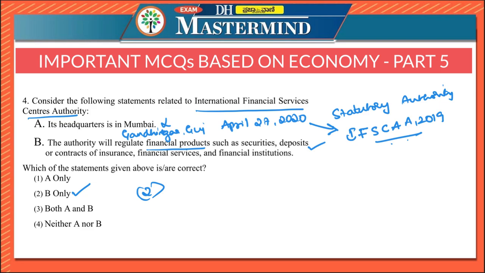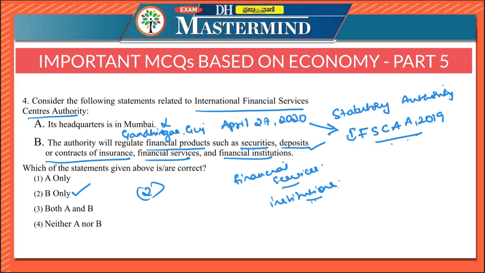So, its main aim is to develop, promote, as well as regulate financial products, financial services, and financial institutions in the IFSC in India. So this authority will regulate financial products such as securities, deposits or contracts of insurance, financial services, and financial institutions.